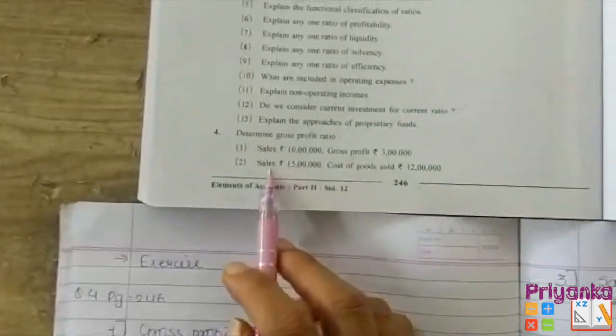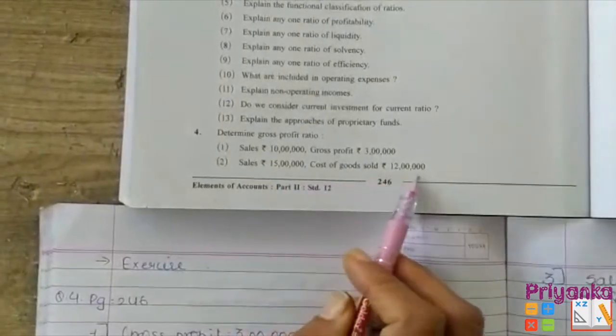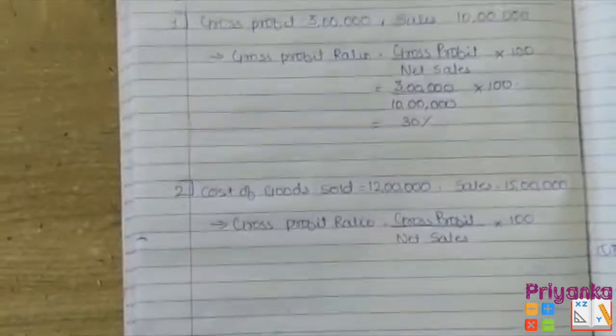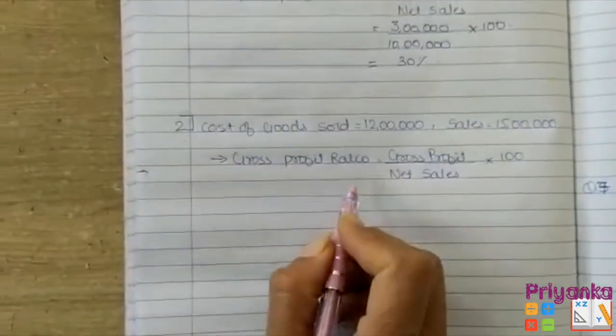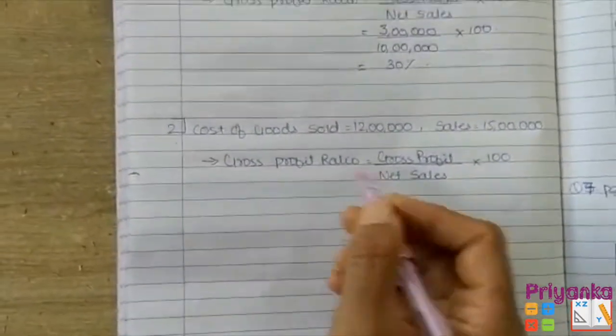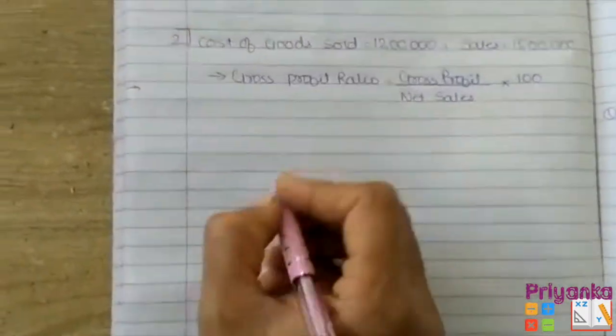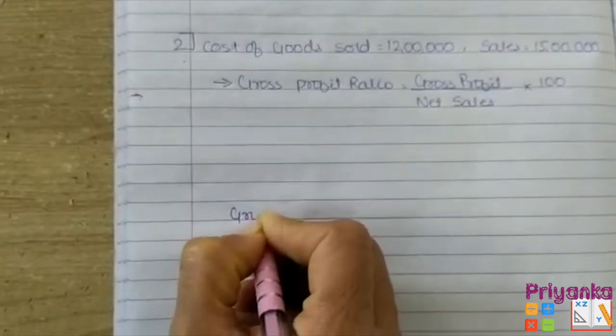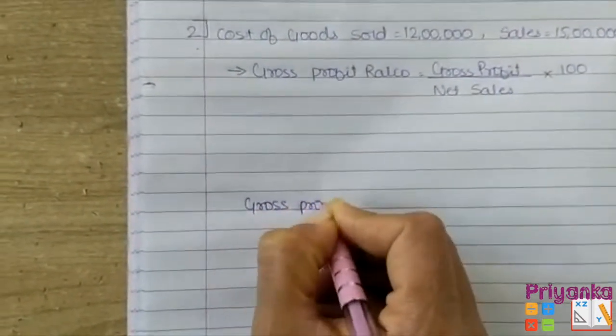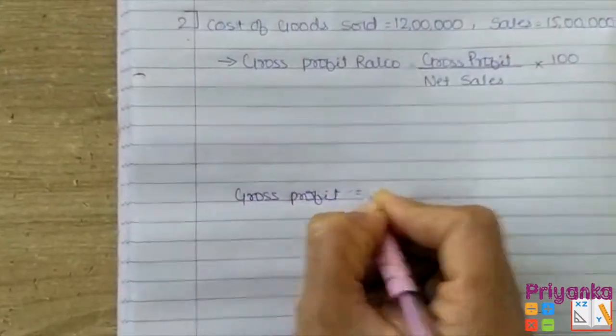Next, sales is 15 lakh and cost of goods sold is given 12 lakh. Now here to find out the thing which has to be found out, that I wrote. Now here I don't have any information on gross profit. So first I will find out gross profit as per the information given in the question.